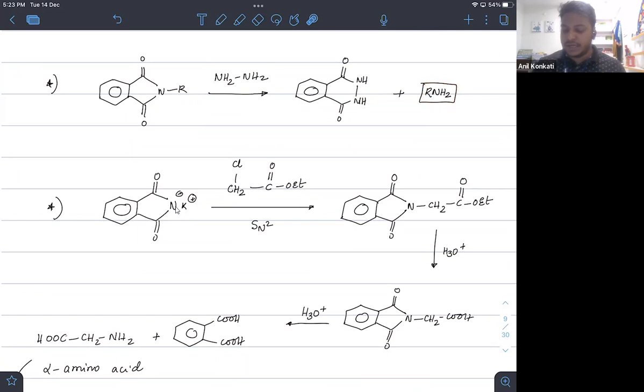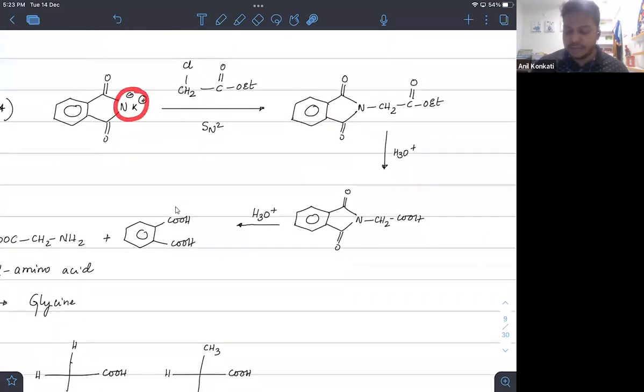Okay, and in case you take this N minus, और यहीं पर हम लोग react करेंगे, देखो ये Cl is a good leaving group here, and along with that C double bond O, it is also a withdrawing group. तो N minus will attack here, removing chlorine from that point.